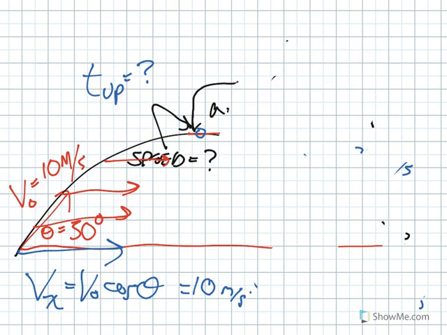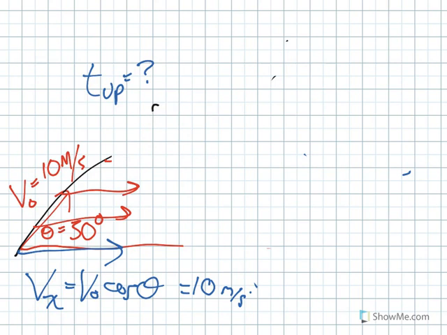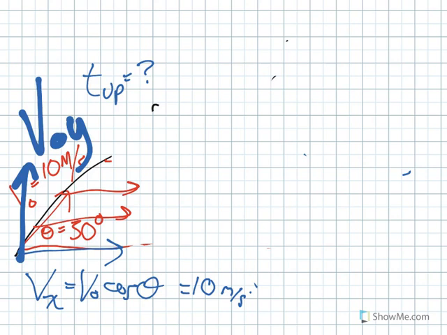So vertically, the motion is exactly the same as if I just tossed it straight up with an initial velocity equal to the vertical component of this 10 meters per second. So this v naught in the y direction is what we're looking for now.